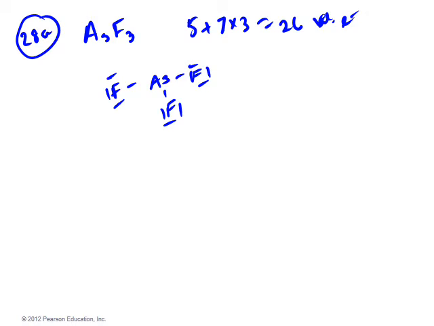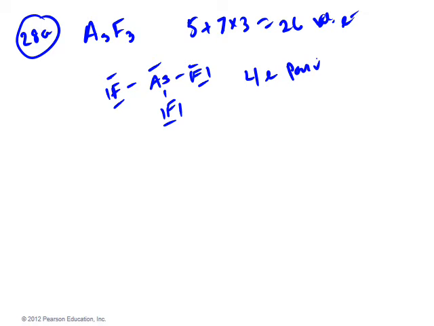So that gives me 8, 8, 8. So I have 24 electrons assigned. I have 2 more electrons left. And you cannot put those 2 more on any of the fluorines, because fluorine already has 8 electrons. So I must put them on arsenic. So arsenic has 4 electron pairs around the central atom.